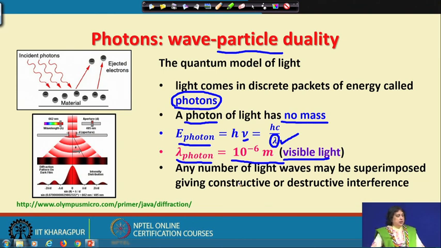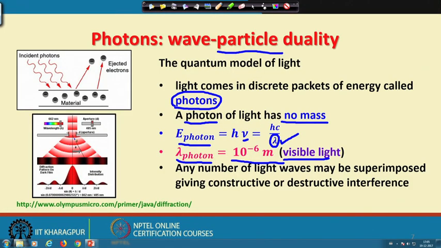Now, as a result of having this wave particle duality, you must appreciate that I am having a stream of discrete packets of energy impinging on whatever matter I am looking at, and this impinging train of packets, they also behave like waves.